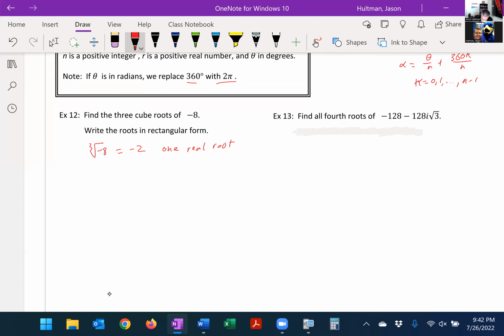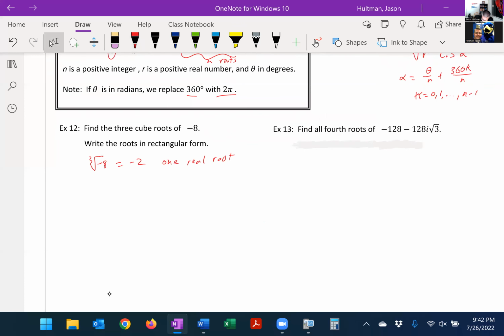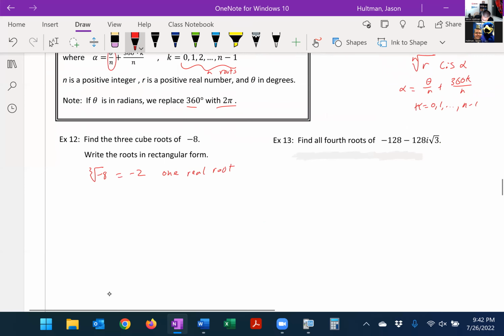So here's how we do this. Take negative 8. How can I write that in trigonometric form? If we look at where we are on a circle, if I go out this direction 8, I'm at negative 8 on the number line.